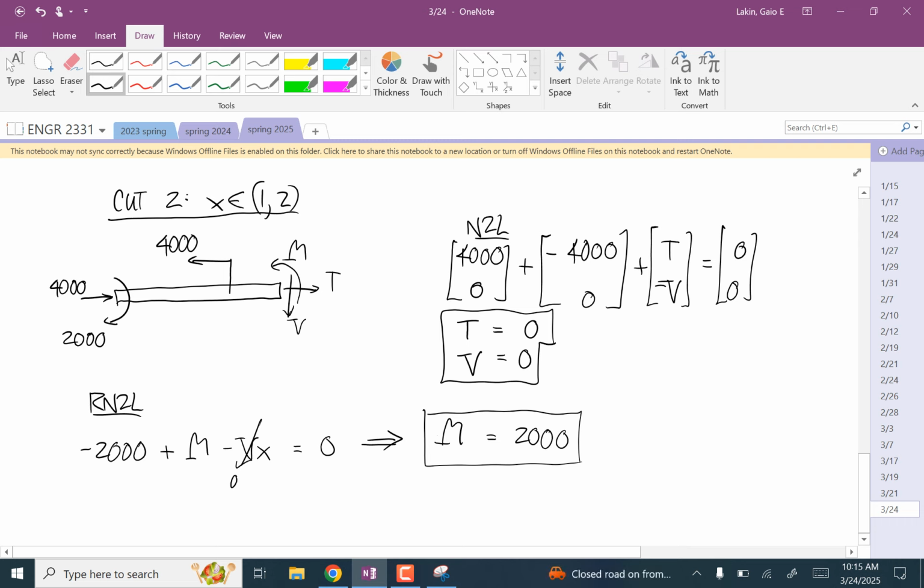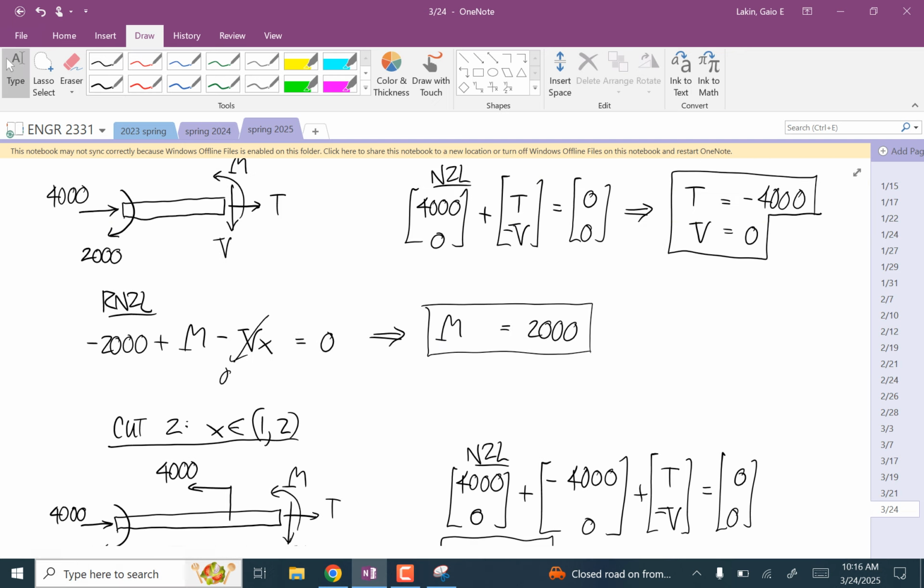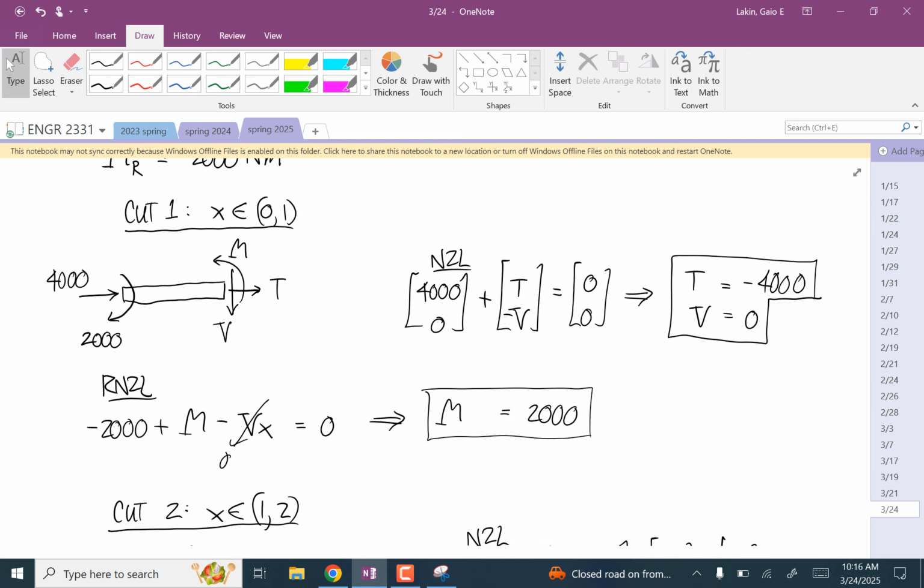And so the biggest absolute value of stress, since that's not going to change as you move along x, is going to be when you have a normal stress due to tension compression, because then they can add to each other. Okay, so the biggest absolute value of normal stress is going to be in cut 1.